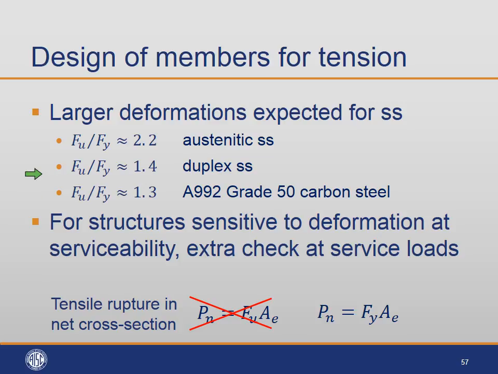So, for structures that might be sensitive to deformation at serviceability, the design guide does include an extra check, and this is what's given here. For tensile rupture in the net cross-section, there is an extra check where the nominal strength is limited by the yield rather than the ultimate strength.